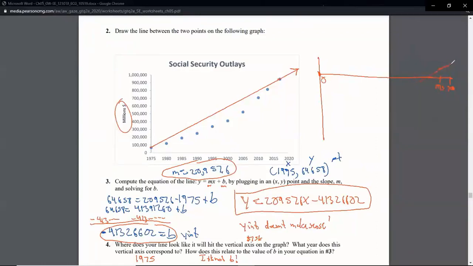And if you trace this line all the way back, then this point right here would be the negative 413,266.02, which again doesn't make sense. This is where you should actually stop. You shouldn't look anywhere past that in terms of going into the past, because it doesn't make sense to talk about years before 1940-ish. It doesn't make sense to have answers that are negative in terms of Social Security expenses.